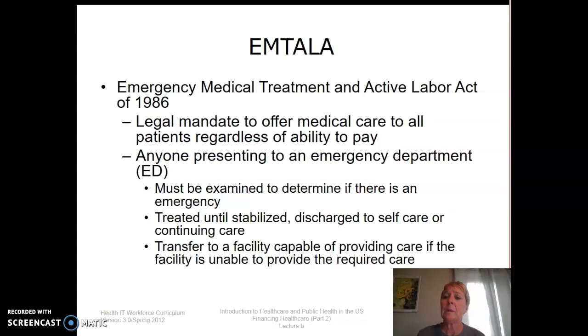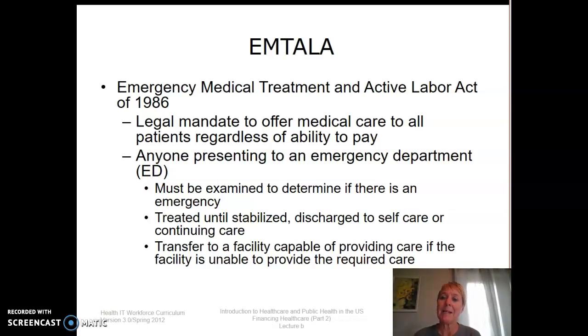One thing that helps to impact cost is EMTALA, and you're going to learn about EMTALA and legal aspects of health information. But EMTALA is the Emergency Medical Treatment and Active Labor Act of 1986. It was called anti-dumping legislation. Prior to 1986, if a person didn't have insurance and showed up in an emergency room needing medical treatment or in labor, hospitals would routinely ship them off to other facilities because they didn't want to deal with them.